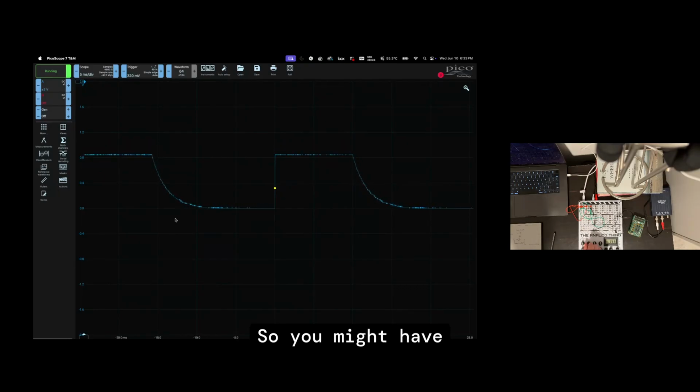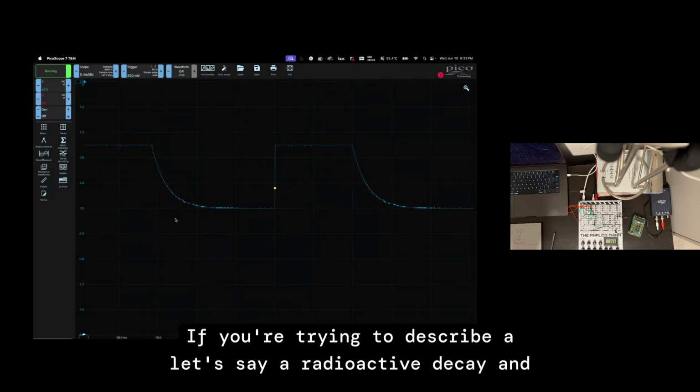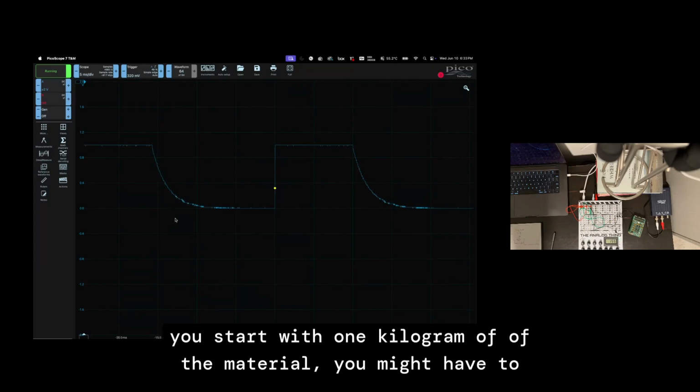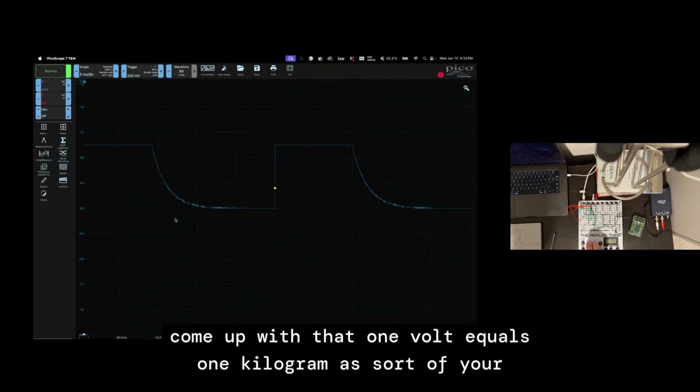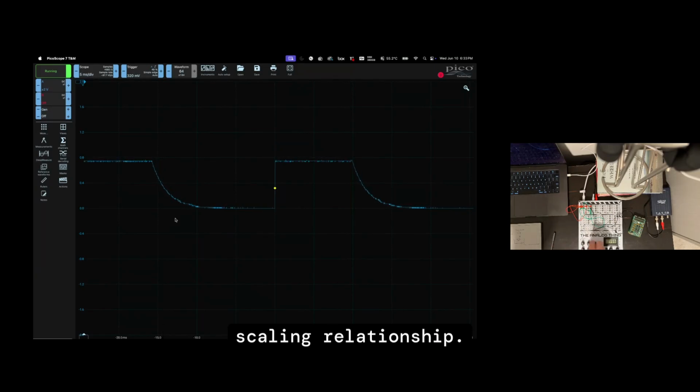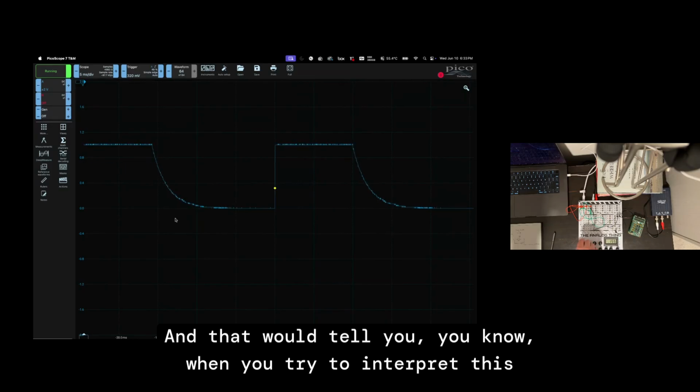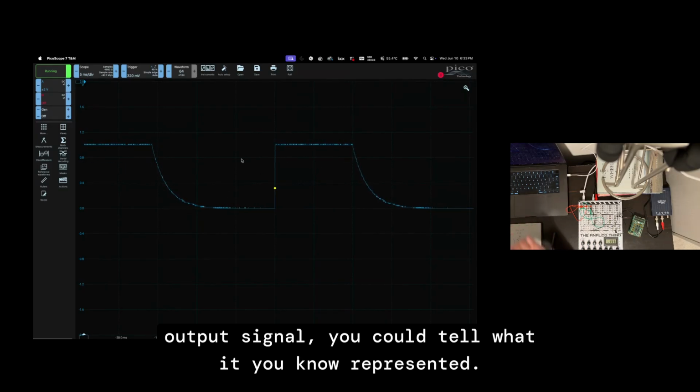So if you're trying to describe, let's say, radioactive decay, and you start with 1 kilogram of the material, you might come up with 1 volt equals 1 kilogram as your scaling relationship. And that would tell you, when you try to interpret this output signal, what it represented.